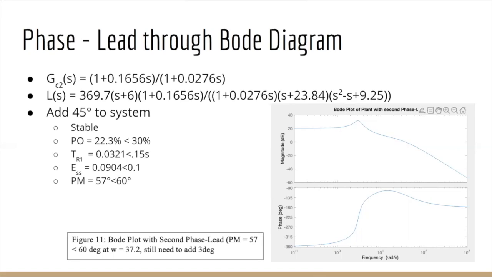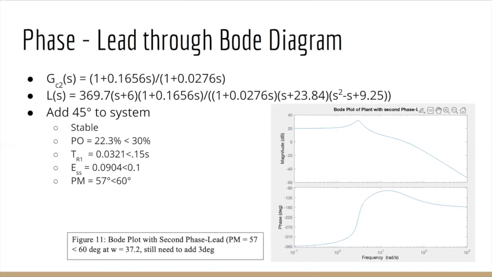Through this compensator, the percent overshoot decreased to 22.3%, which now met the design requirements. Rise time still met the design requirements. Steady state error still met the design requirements, and phase margin was now increased to 57 degrees, which still needed 3 more degrees added to it in order to meet the design requirement.